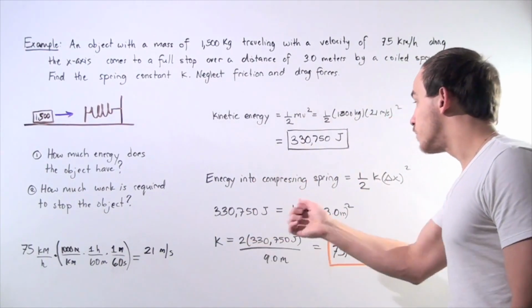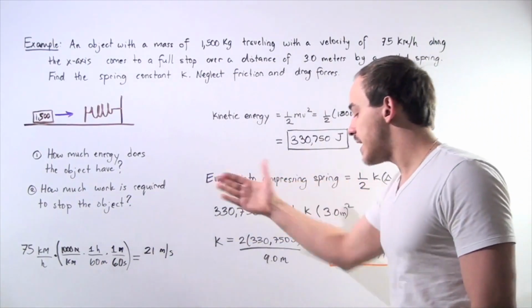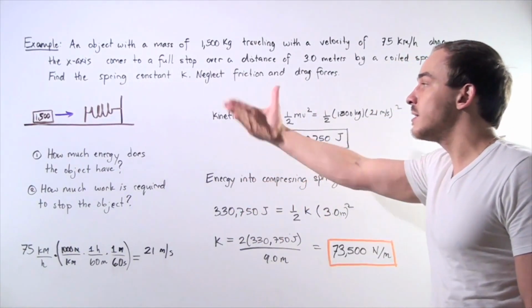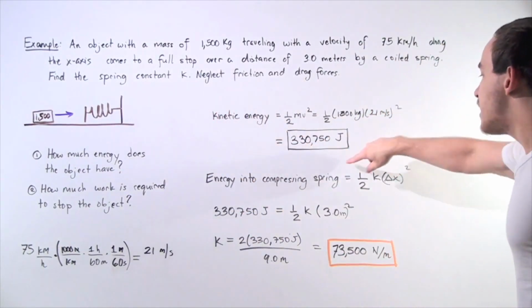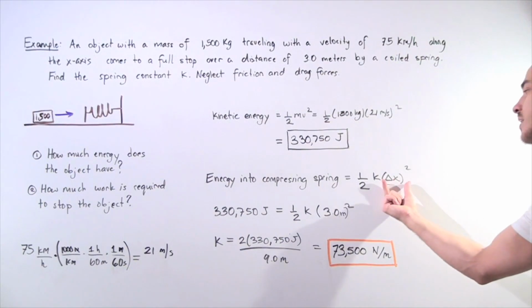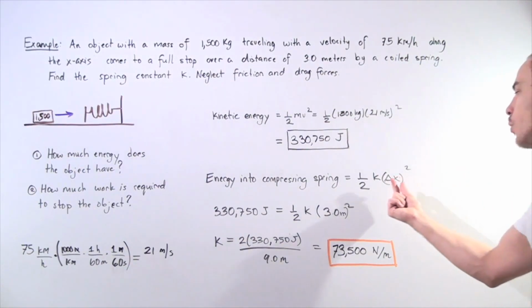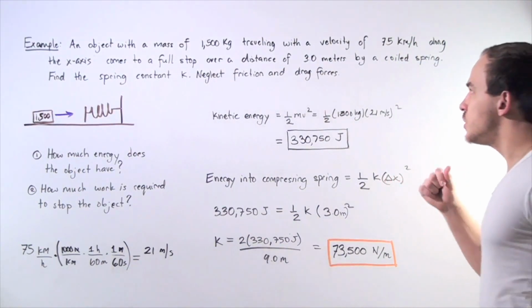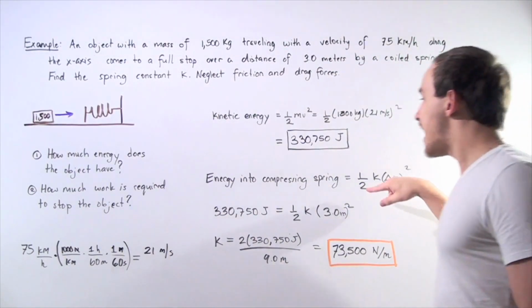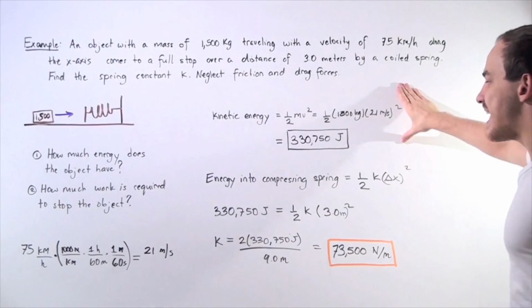The energy going into compressing the spring is how much energy must go into the spring, and that's equal to 1/2 of the spring constant multiplied by the square of our displacement. We know our change in position is 3 meters, so that's 3 meters squared, and we know the energy is equal to our kinetic energy.